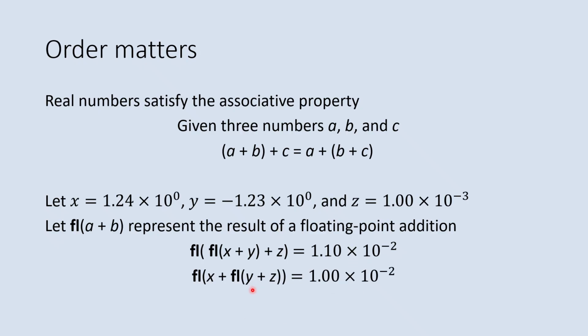But if we do this in the other order, do the y plus z first, do that calculation, and then add the x to it in that format, then we only get 1.00 times 10 to the negative second power. And we notice that here we have different answers, and it depends on the order that we've done those calculations. So anytime we have floating point numbers, it really does matter how we do the calculations.